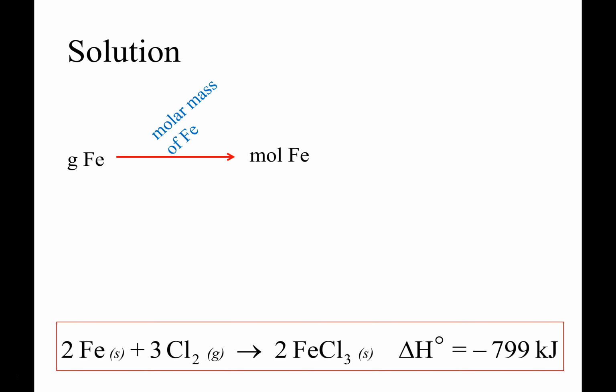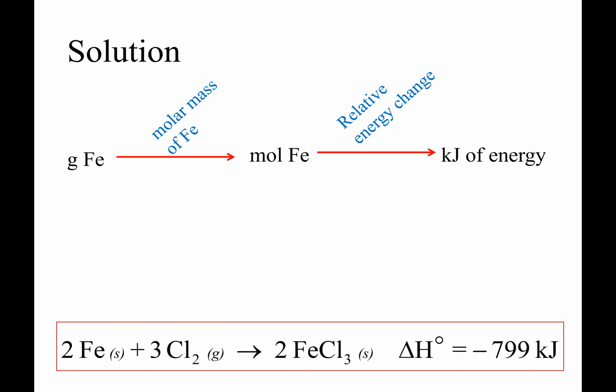So you already told me this. You said we can go from the grams of iron that were given to the moles of iron using the periodic table, molar mass for iron. And now we can go from moles of iron to kilojoules of energy using the relative energy change, which is just that ratio, energy over 2 moles of Fe.